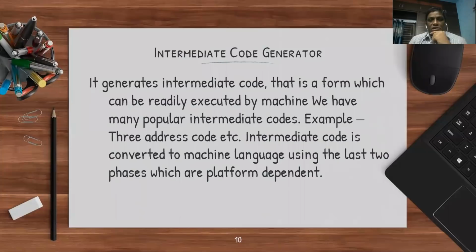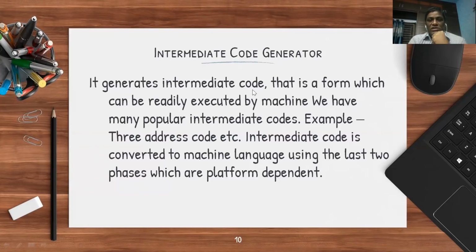Okay, next. And this is the fourth phase, intermediate code generator. It takes the syntax tree produced by the semantic analyzer, and then it converts it into an intermediate code. The job of this intermediate code generator is to convert that input into an intermediate code.